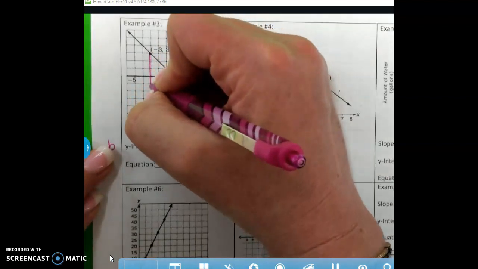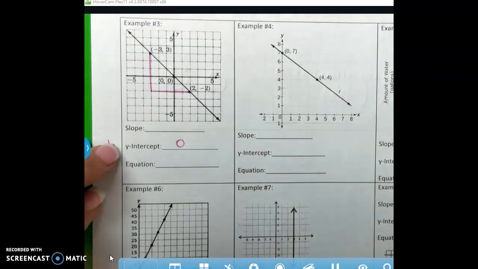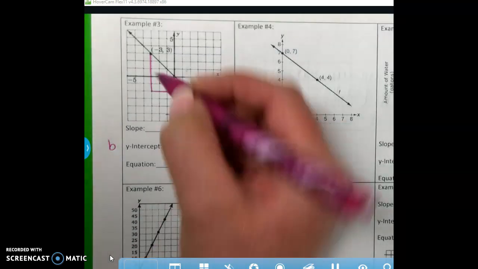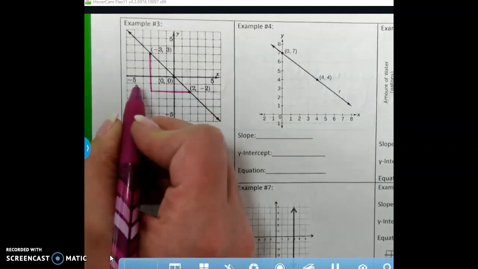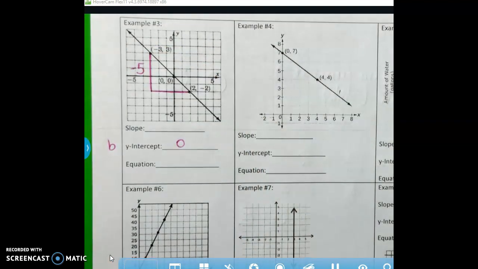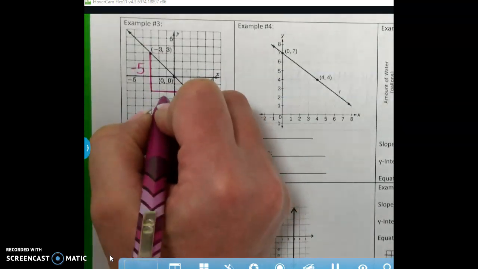For our slope, we're going to use the points that we have on this graph. Why not? Absolutely awesome, handy information right here. I am observing that my graph is falling from left to right. So it's going to be a negative 5, falling 5 units and running 5 units.